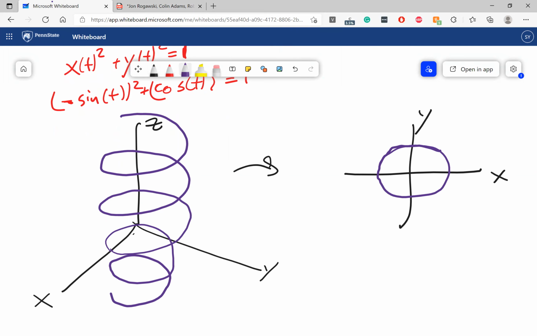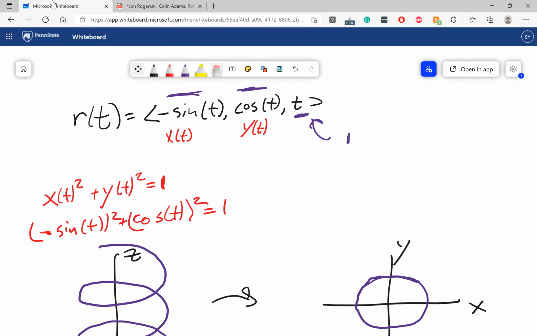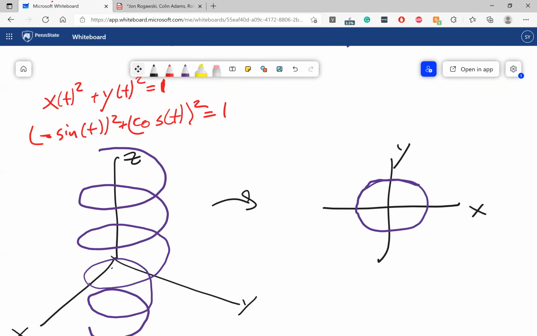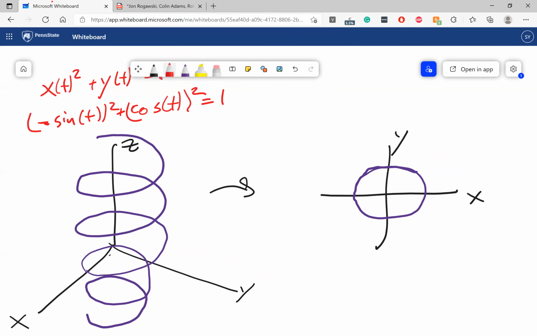But instead of getting the circle, I get a helix because in the z direction I have time. So as time is positive, you go up in your z direction, and as it's negative, you go down. Any questions? Okay.